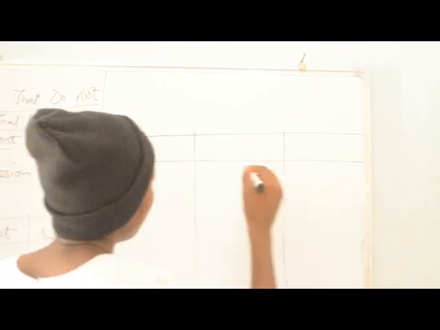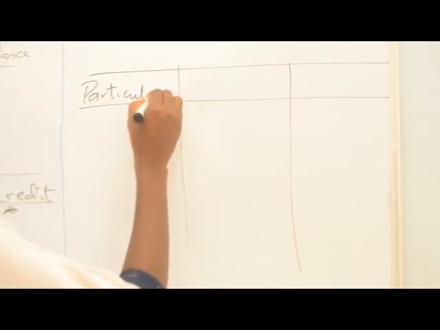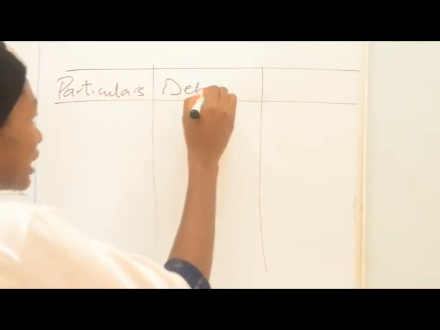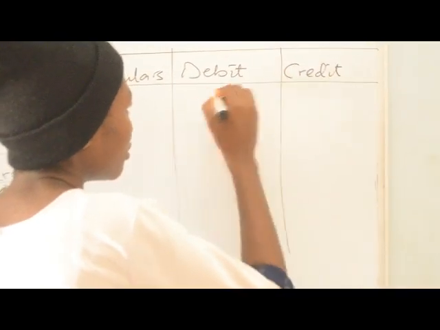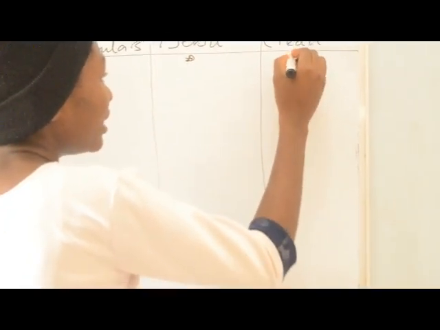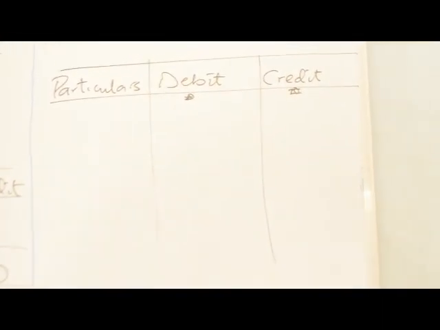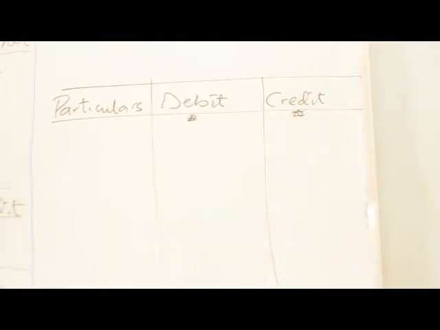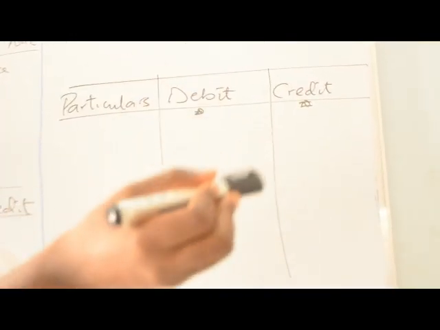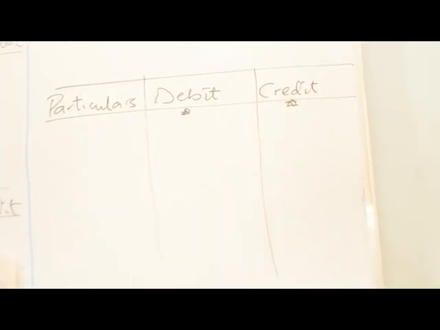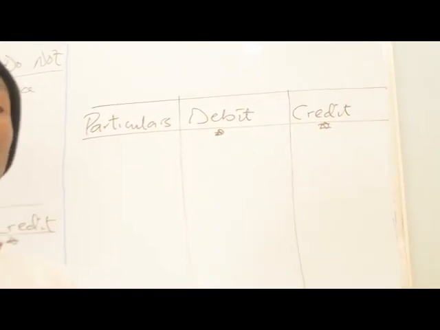So the same pattern, we have our particulars, debit and credit. So we'll be identifying the account to be debited and the account to be credited, okay? So in this case, you have a sales of goods to Ayo, all right? So for sales, sales is going out, okay? Sales is giving out, so we're crediting our sales account, and Ayo is receiving, so we're debiting Ayo's account, okay?